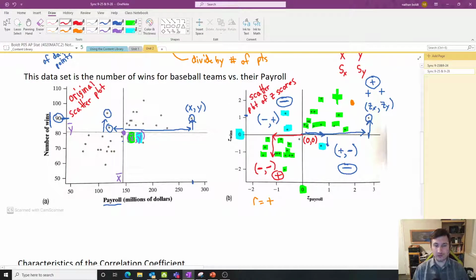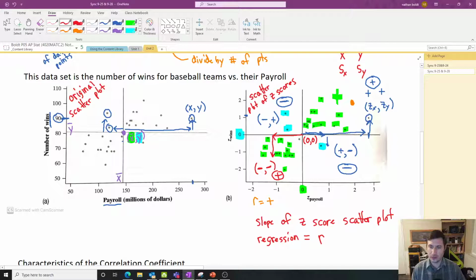Well, first, the slope of the z-score scatter plot regression is actually equal to the correlation, R. If I drew the regression line through all these green dots, the slope of that line would just be R, the correlation coefficient. Kind of an interesting thing there.